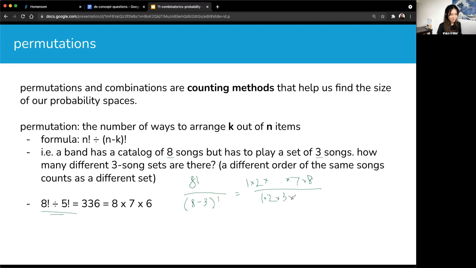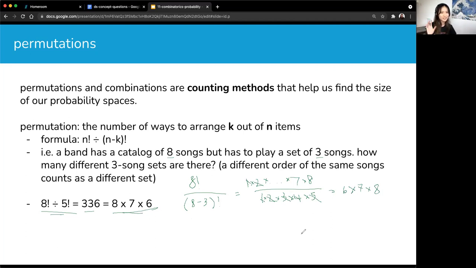If anyone remembers fractions, we can actually simplify this by canceling out the 1s, canceling out the 2s. We can cancel out the 3s, 4s, and 5s. And so we're left with 6 times 7 times 8. That's just a trick that's good to remember. And that's how we get to this, which is also 336.